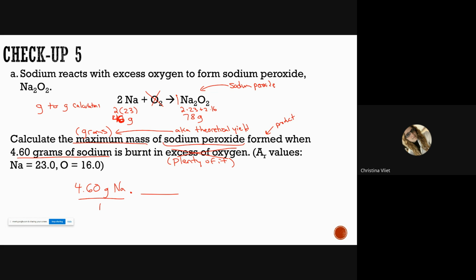On the bottom, we put the mass of Na, so that's what you're saying, divide by 46, right? So we want to cancel that out, and on the top we put 78. And your answer should be 7.8. If you got 7.8, you got it.